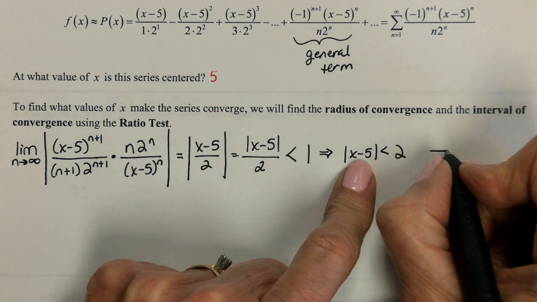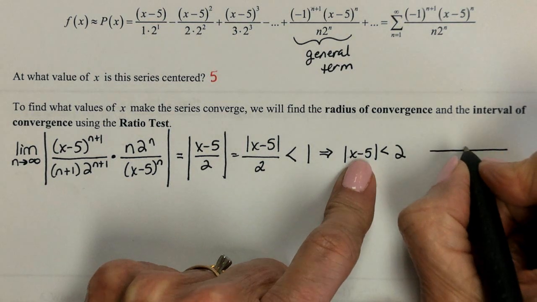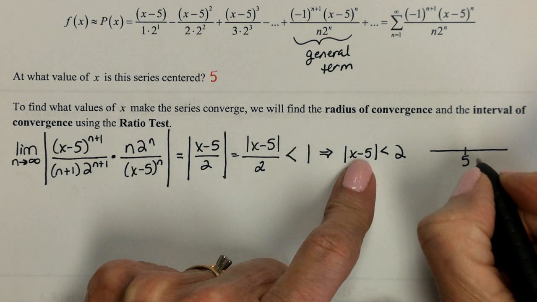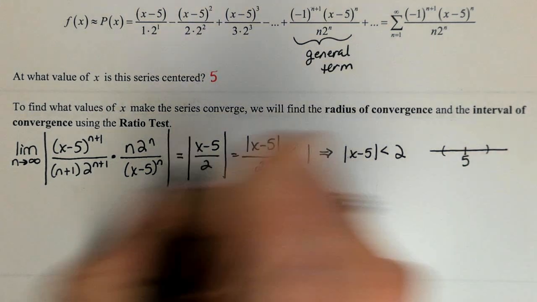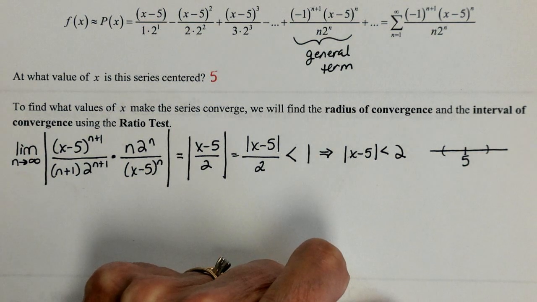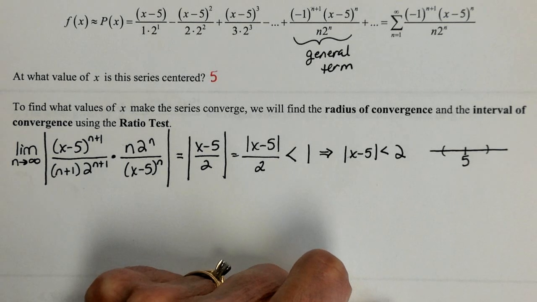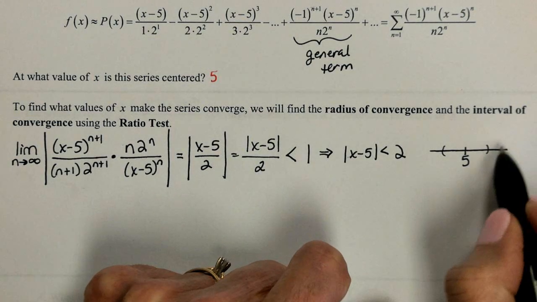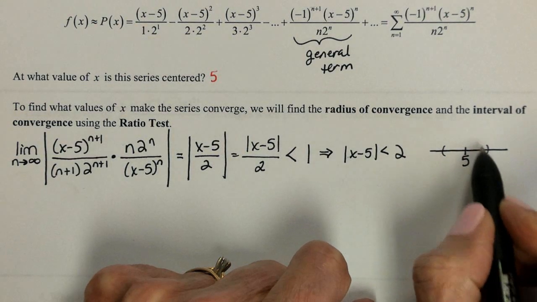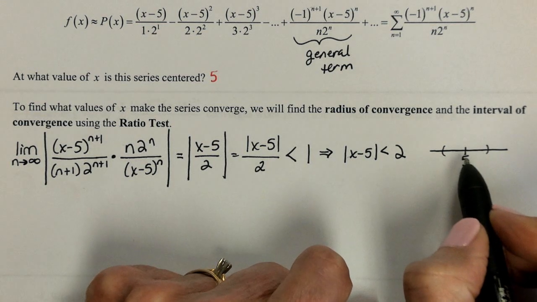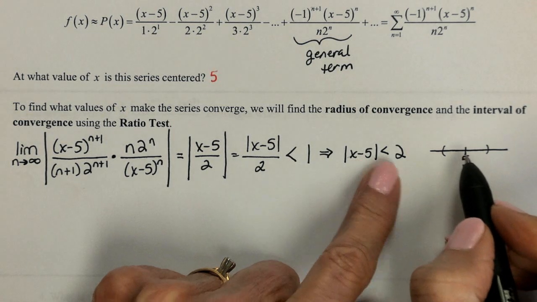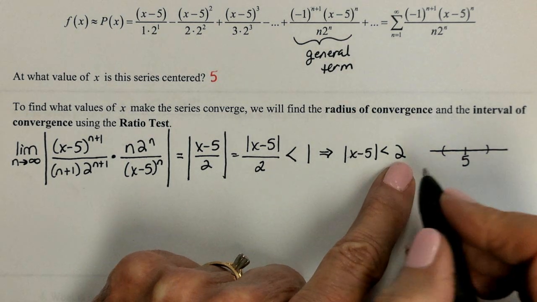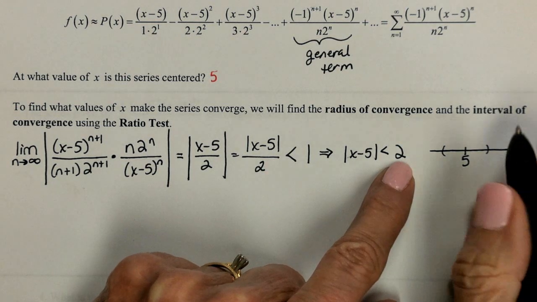5 is our center. Visually, look at what's going on. 5 is the center. Since there are no factorials, I know that there's some interval around 5 where we will converge. The rest of the time we will diverge. I know I'm going to diverge out here, converge in here. The x minus 5 gives me the center. The 2 gives me how far I go beyond 5 to converge.